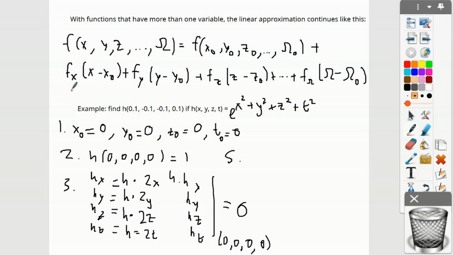So basically we have 0 times x minus x0 plus 0 times y minus y0 plus 0 plus 0, so everything is 0.